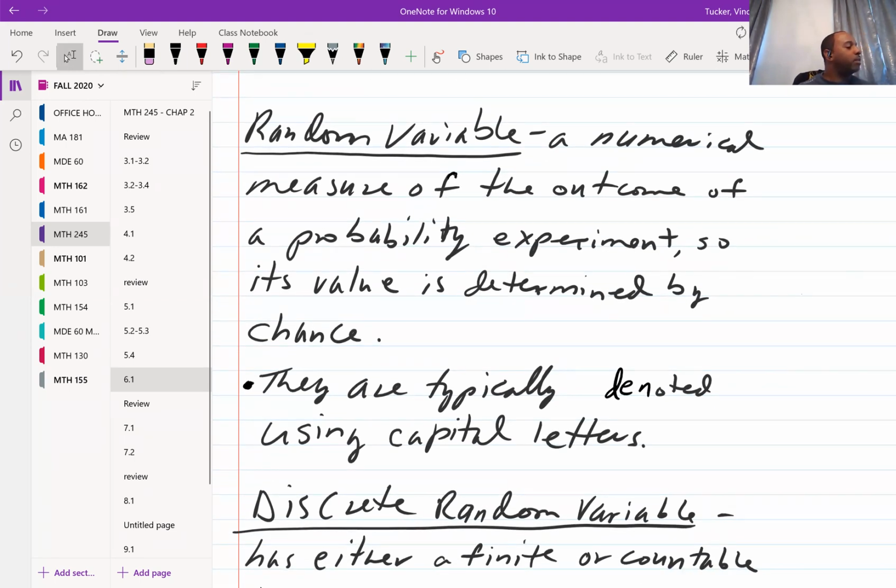Then we have two types of random variables we'll get into in a second. I just want to give people a chance to copy.